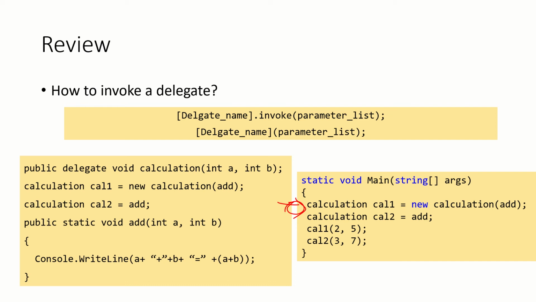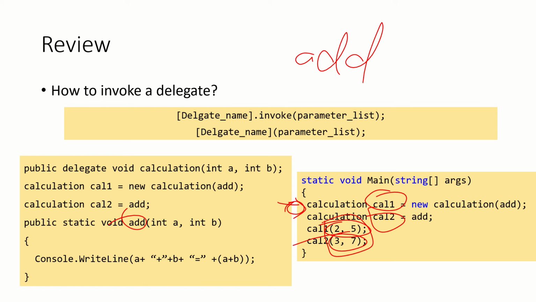When you want to call the method, you don't call this add method directly. You call the delegate, whose names are cow1 and cow2, and then you put the parameters in there, following the same signature you declared for the delegate.